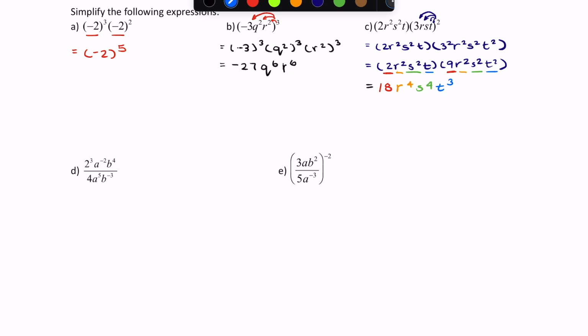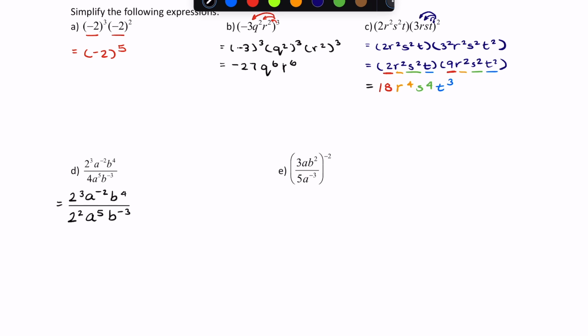So here we have 2 cubed a to the power of -2 b to the power of 4 over 4a to the power of 5 b to the power of -3. So here we can rewrite this as 2 to the power of 3, a to the power of -2, b to the power of 4 over 2 to the power of 2, which is still 4, a to the power of 5, and b to the power of -3.